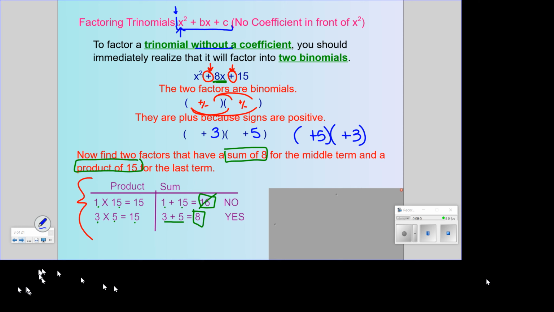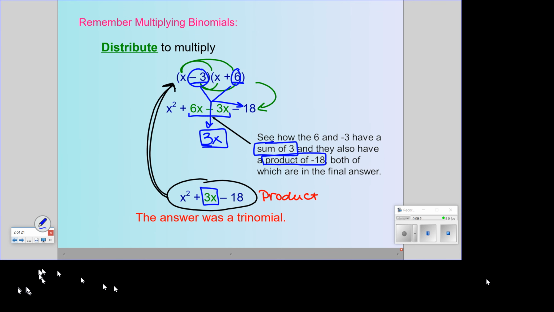Lastly, we need to figure out, how do we fill in this first piece? Well, it's important to think about what happens to get this part when we go in the reverse direction and multiply out our binomials. So to get that original piece, remember, we started by multiplying the first thing in the first binomial by the first thing in the second.